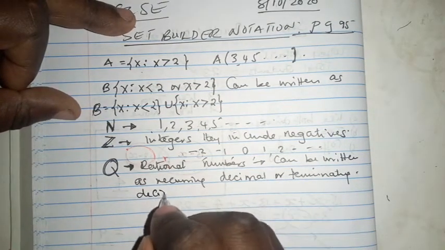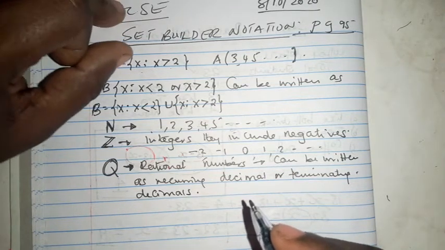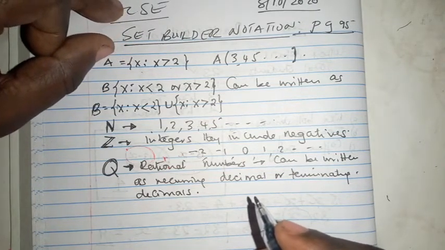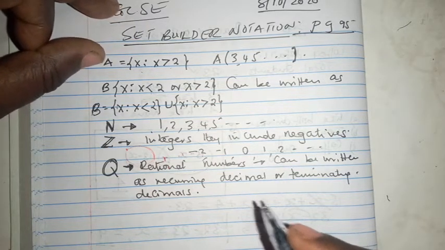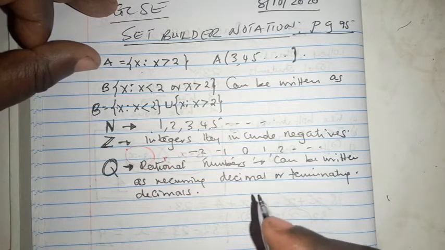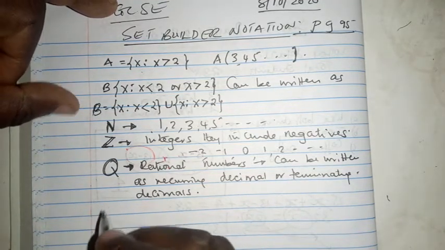Irrational numbers like √2 or pi do not recur and do not terminate, so Q does not contain such numbers. But we do have irrational numbers.